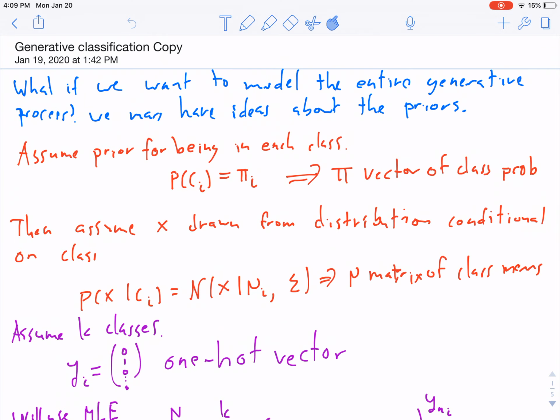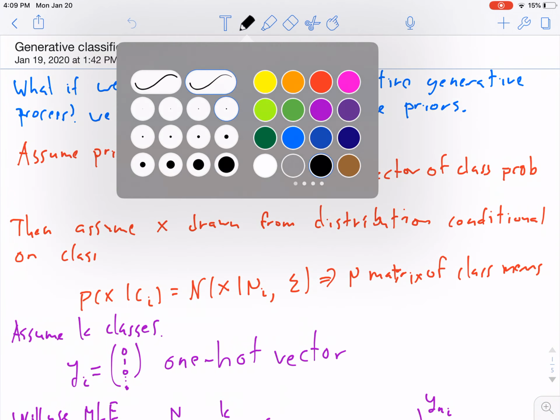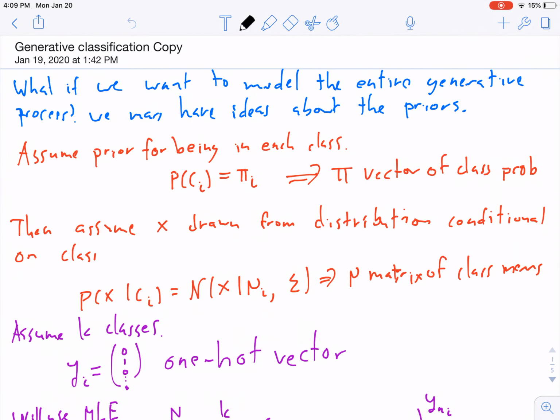The generative process that we'll be assuming is here in red. We'll hypothesize first, for any data point that we're generating, we pick a random class to put it in. And it will be in class i with probability pi. And let's say there are k classes. So pi is just a vector of class probabilities.